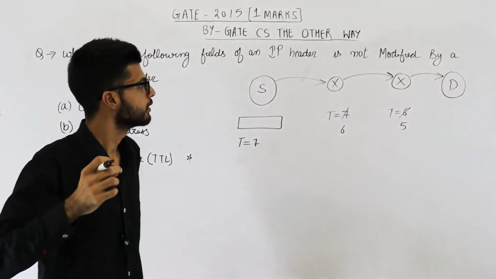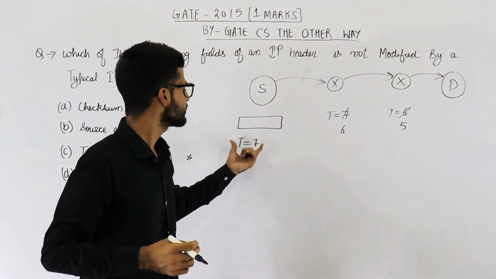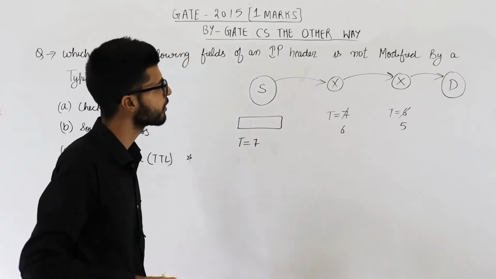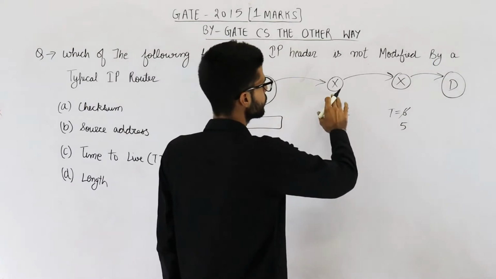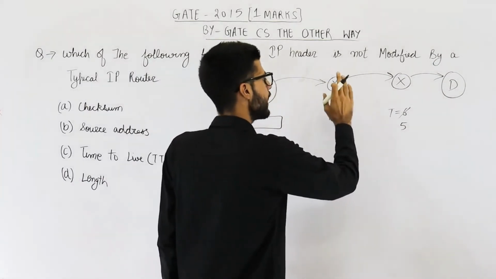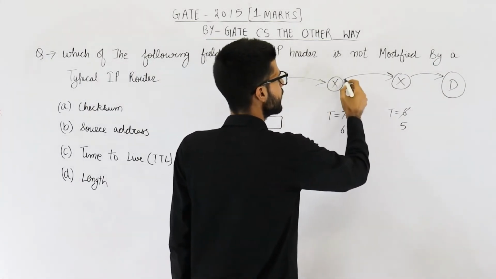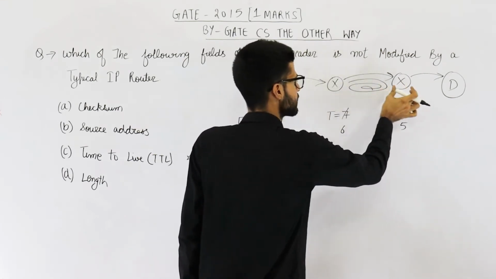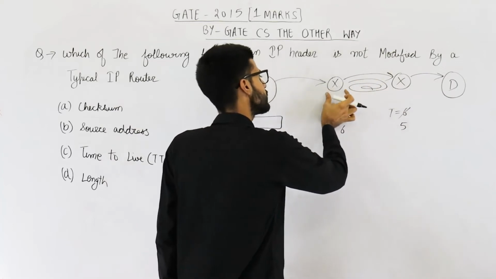Now, you might think, what is the use of including such a field? It is to avoid infinite loops. Say due to some problem or due to some error in routing table and the routing algorithms, an infinite loop is created here. This router forwards packets to this one and this one forwards to this one.